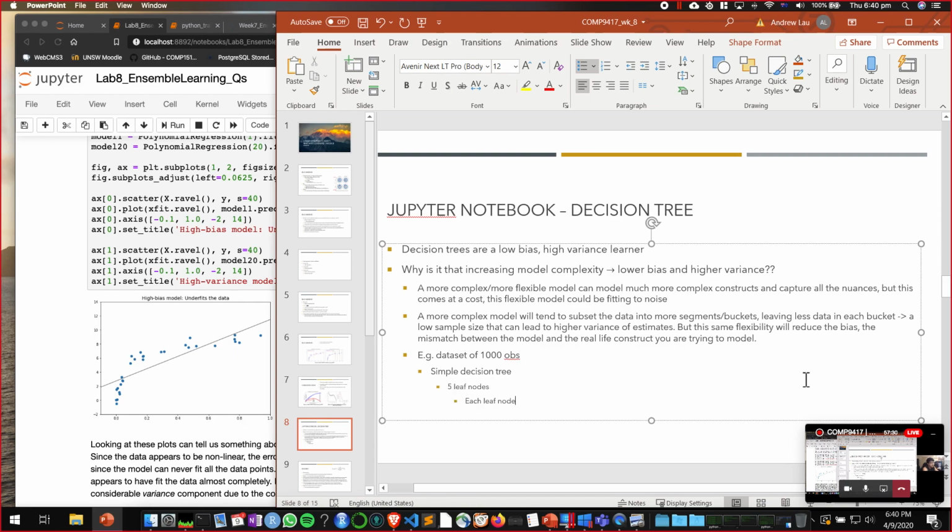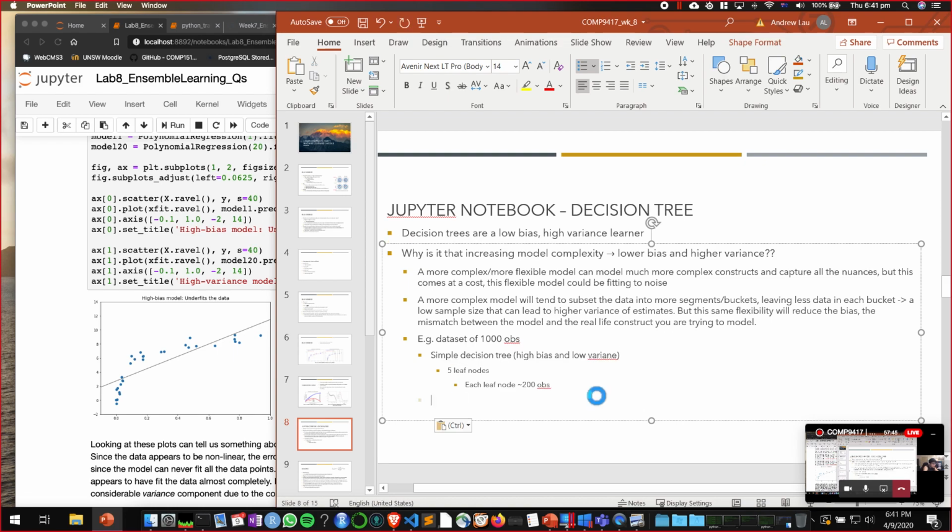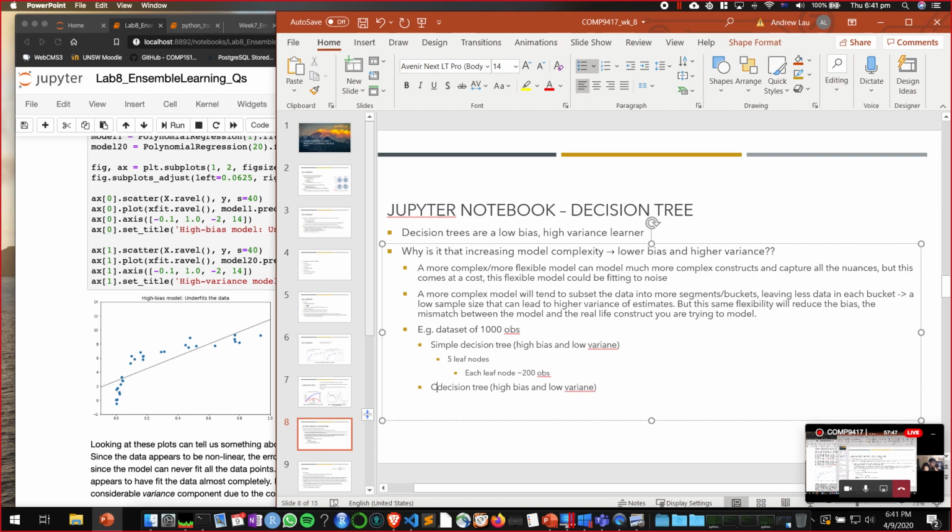Each leaf node maybe has, on average, 200 observations. This simple decision tree will have a high bias and low variance. On the flip side, you could have a complex decision tree, which is low bias and high variance.